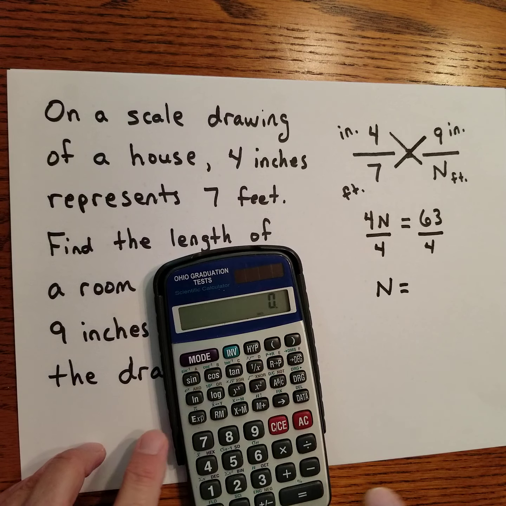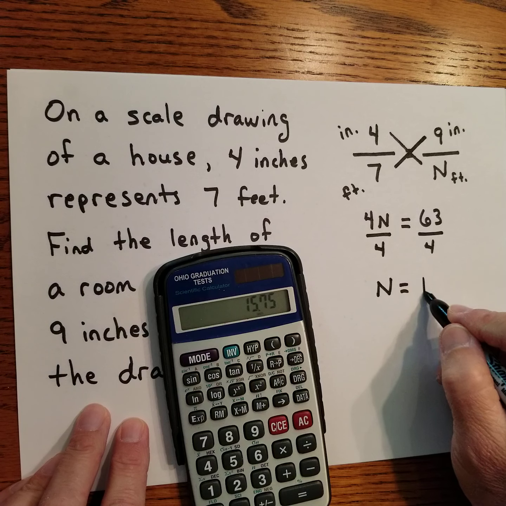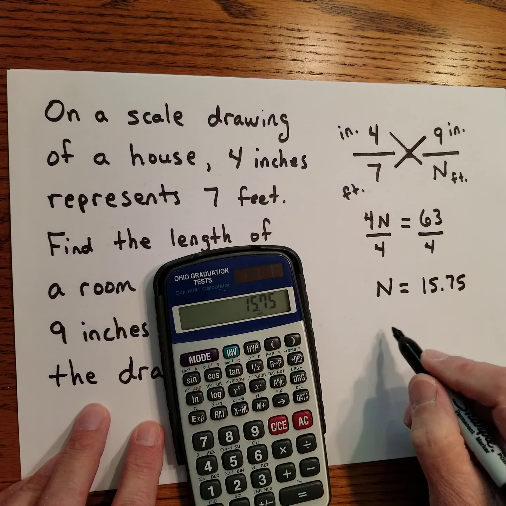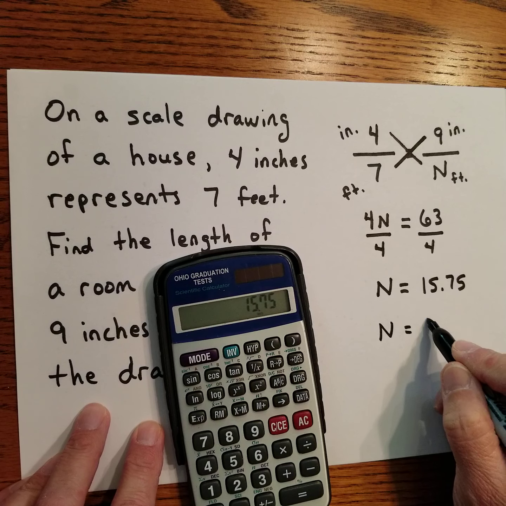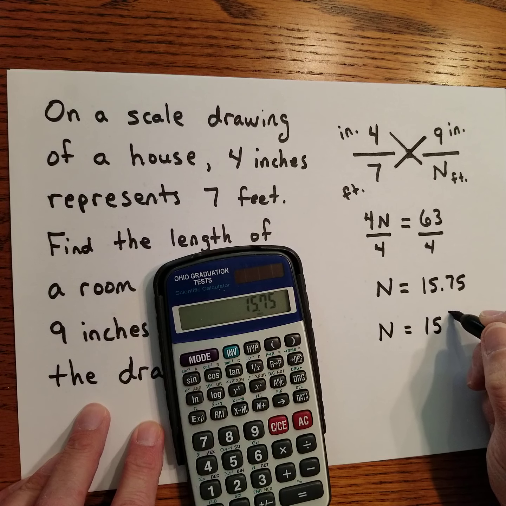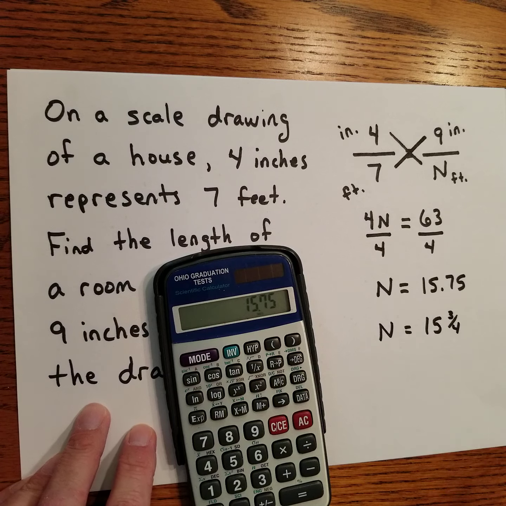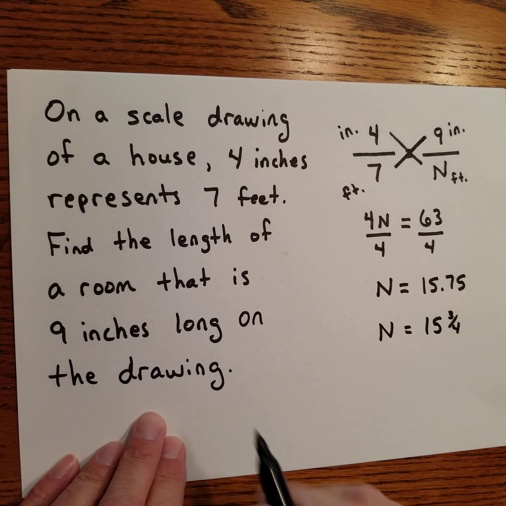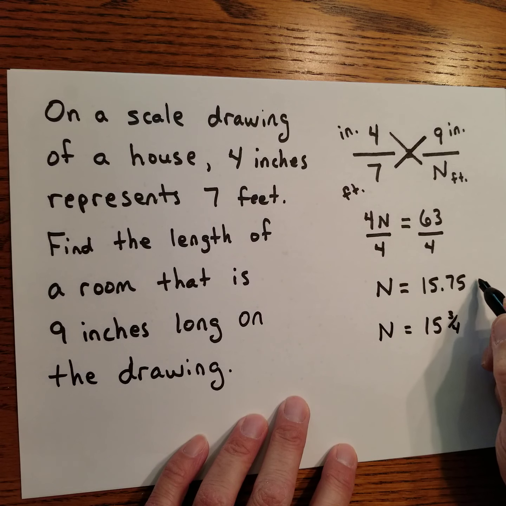On my calculator, 63 divided by 4 is 15.75. If you like, you could rewrite that as 15 3/4. Let's label it. This is the side of a room, and it was in feet.